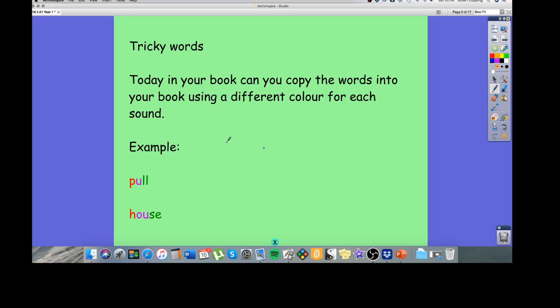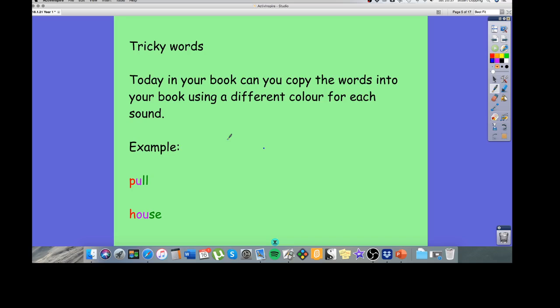The other words you want to put in there are push, full, and hour. I'm not going to show you those. I want you to have a go at those ones. So that's all 5. You don't have to use the same colours as me. Pull, push, full, house, and hour. When you've done that, you can unpause the video. So pause now.